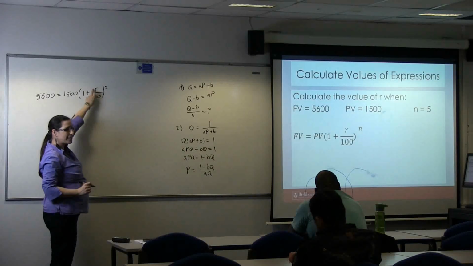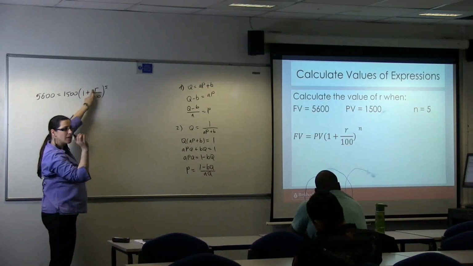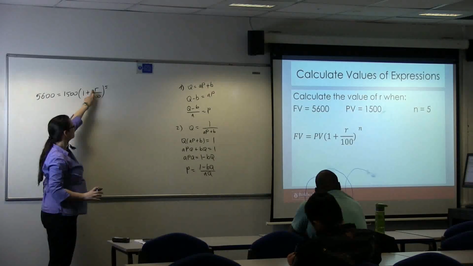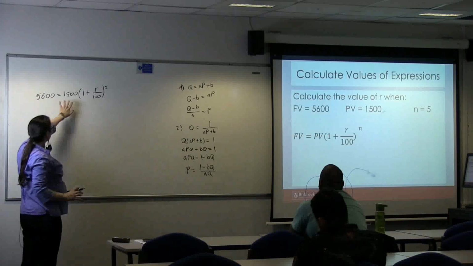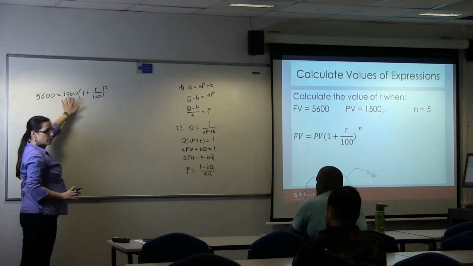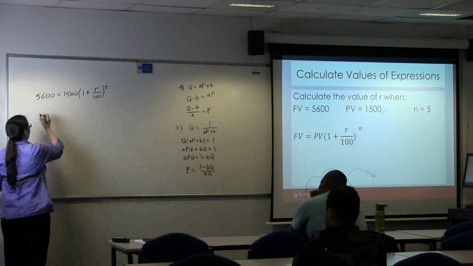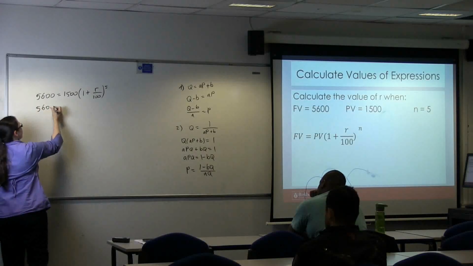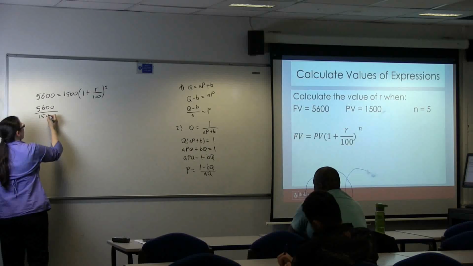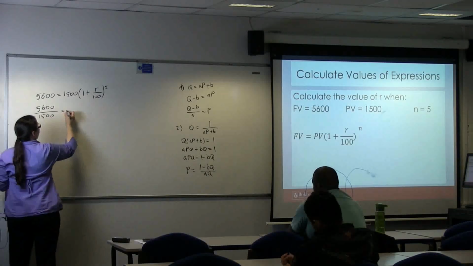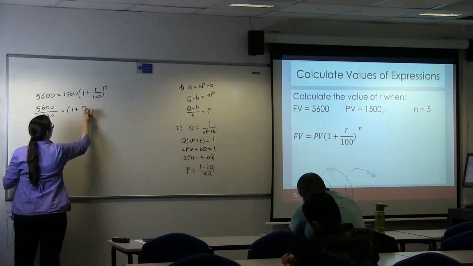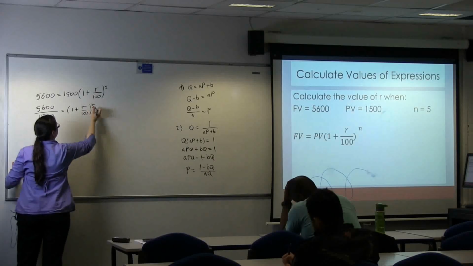So how can I get right into the jungle, in the middle of that formula? Well, there is a multiplication in here by 1,500. So first I'm going to take the 5,600 and divide that by the 1,500, and that's going to just give me this one.